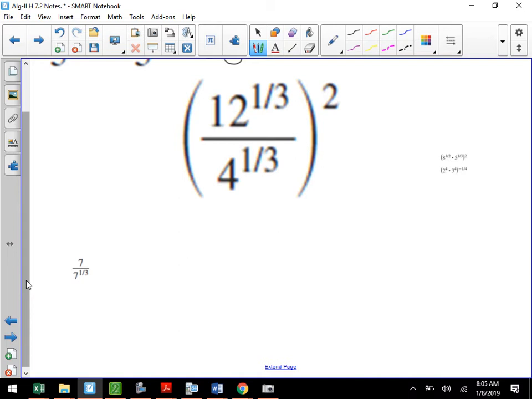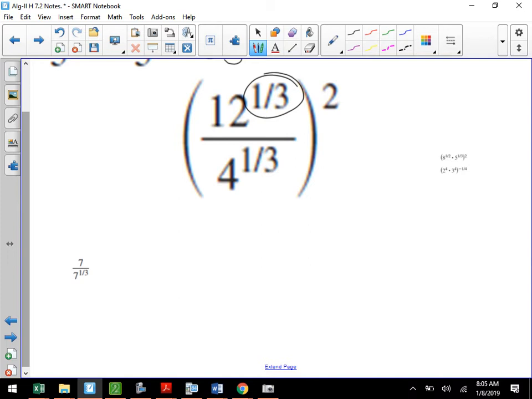Can you rewrite that numerator to have a 4 to the 1/3 in there? Isn't 12 to the 1/3... think about rules. What does that mean? What does a 1/3 power mean? What are you doing in terms of the nth root? It's a cube root, right?